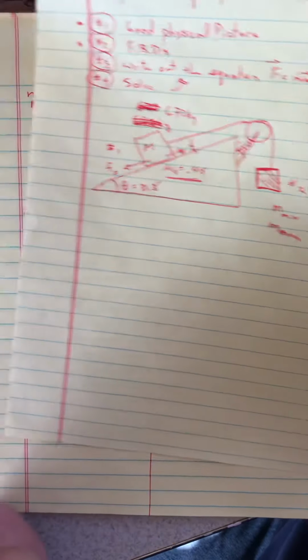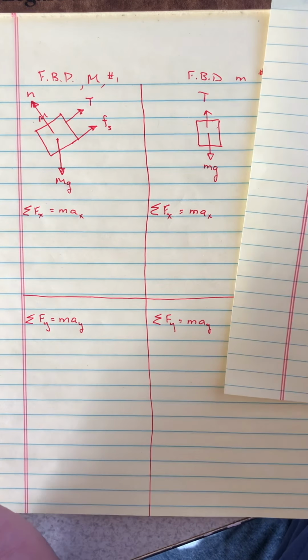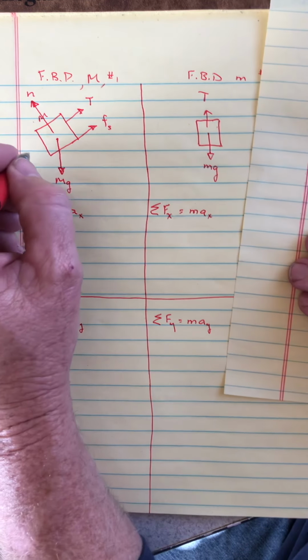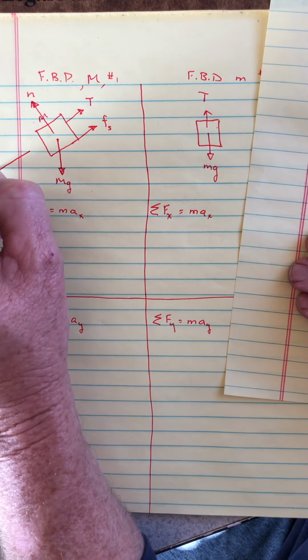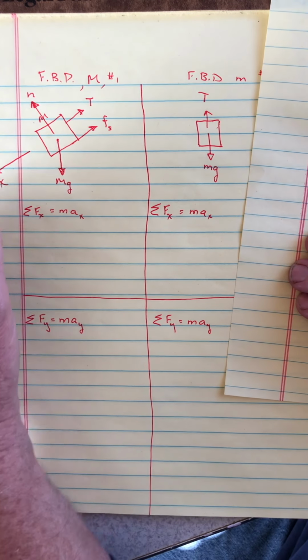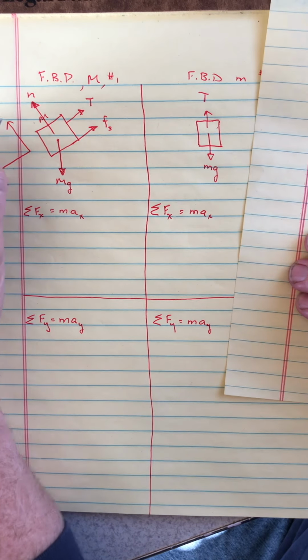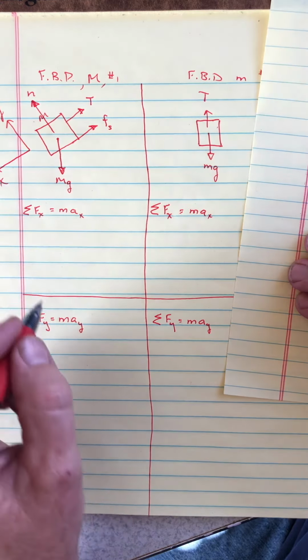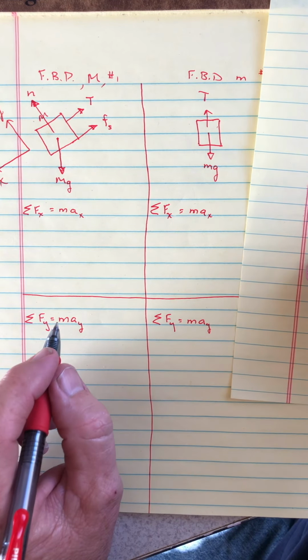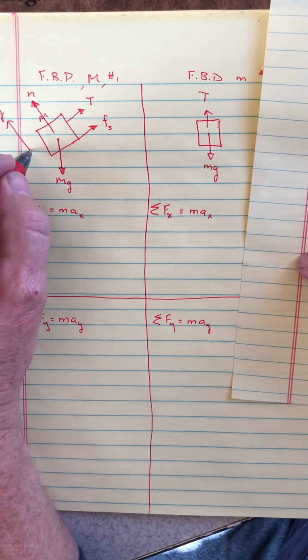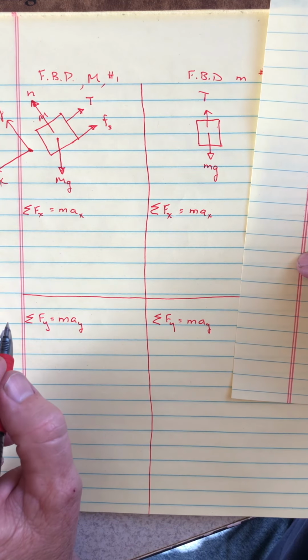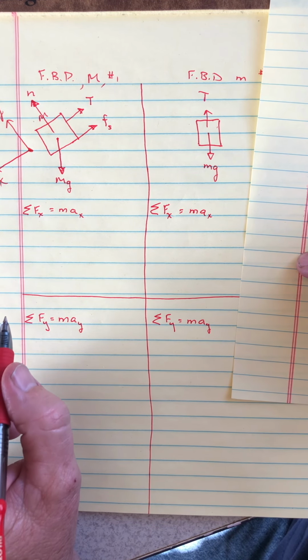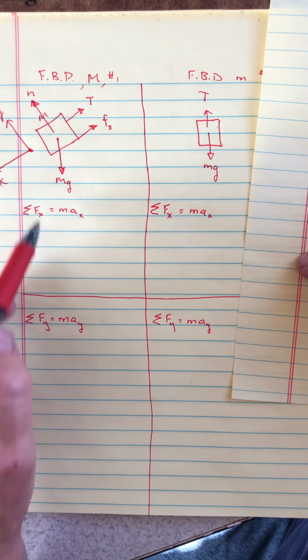So keeping that in mind, I'm going to do the following. I'm going to say, let's call down the ramp the x direction, which then by default makes perpendicular the y direction, okay? Now, if I do that, I can apply it to this equation.